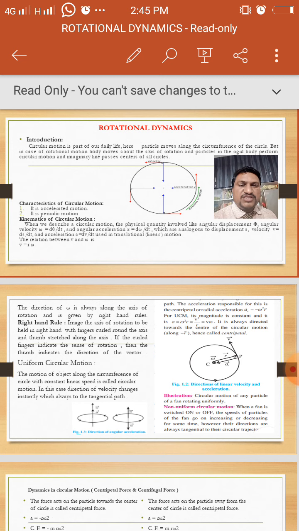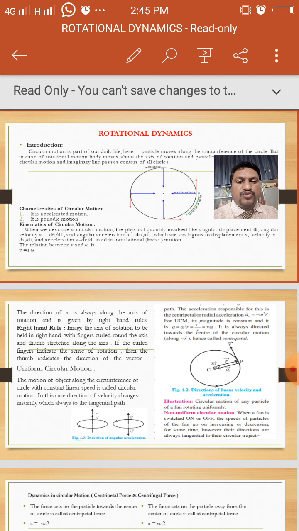Now there is a relation between v and omega. v is equal to r omega is the important relation between linear speed and angular speed. It is not the relation between linear velocity and angular velocity. If we write vector v is equal to vector omega cross radius vector r, this is the relation between linear velocity and angular velocity.